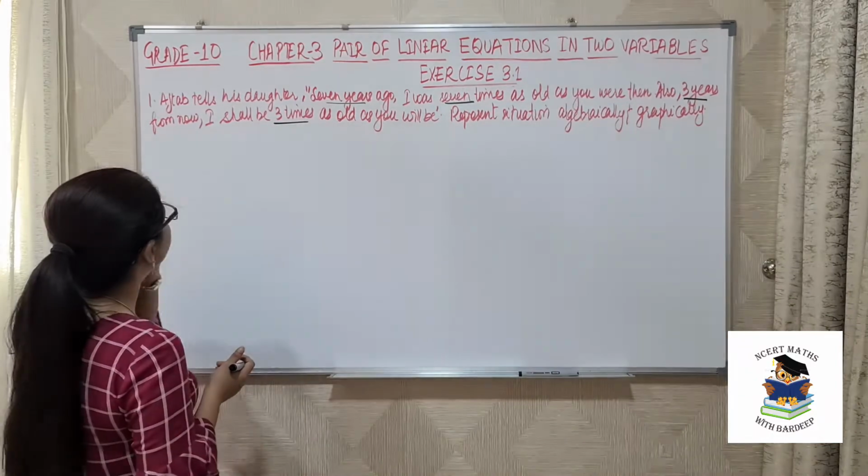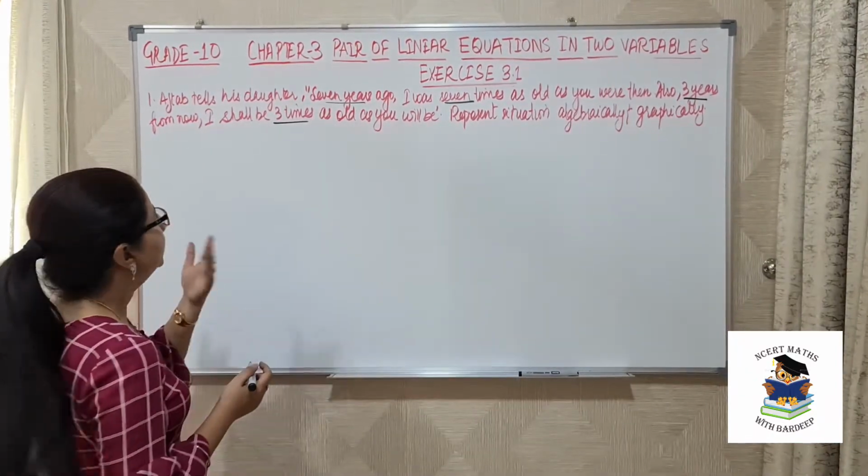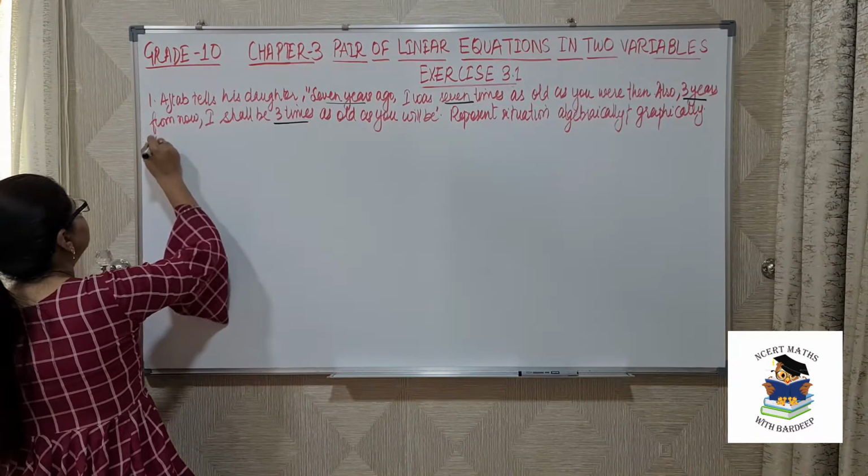So now we have two persons, Aftab and his daughter. Let their ages be x and y here.